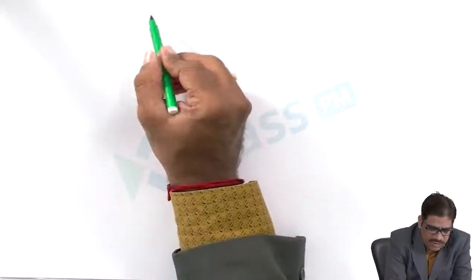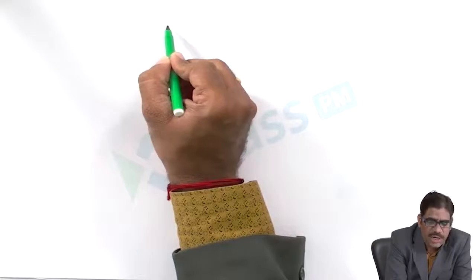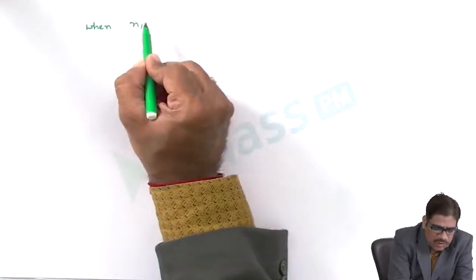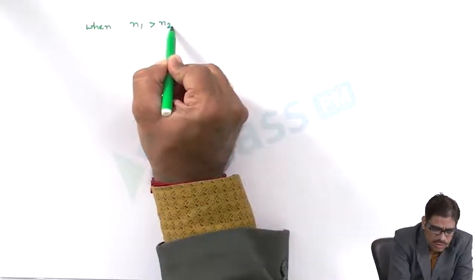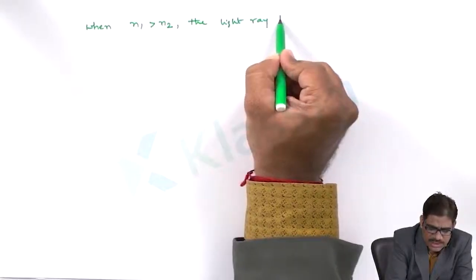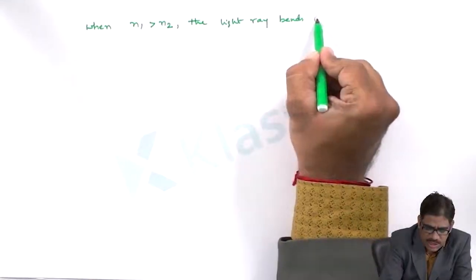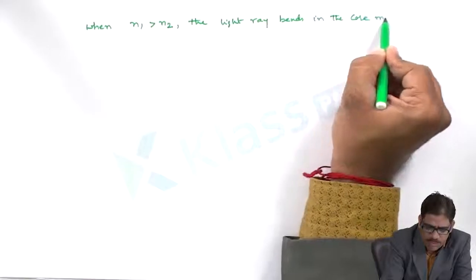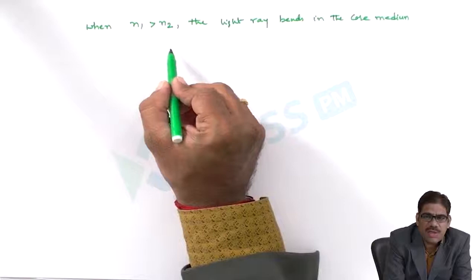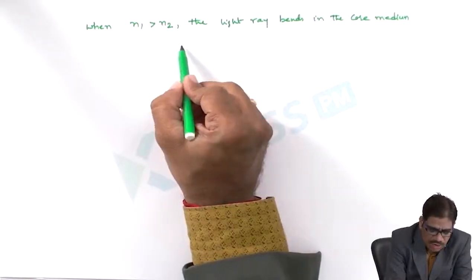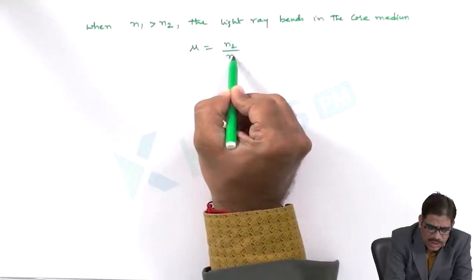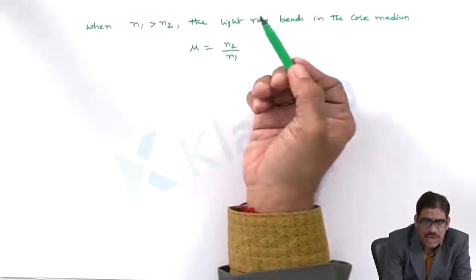In that case we say that N1 is supposed to be greater than N2, so the light ray bends in the core medium. Okay, so with respect to Snell's law, mu is N2 by N1. Okay, we are changing that particular medium.